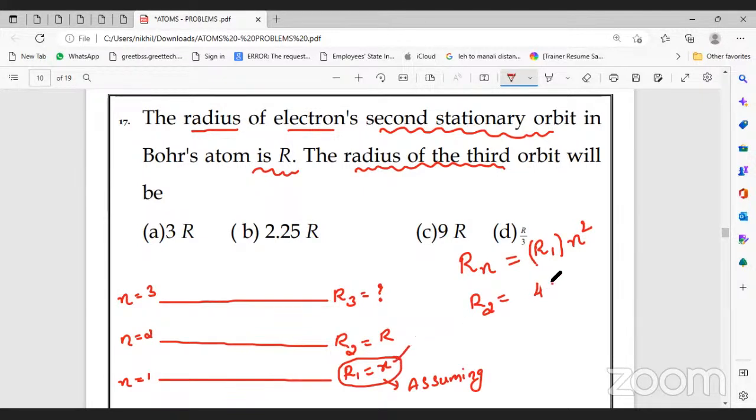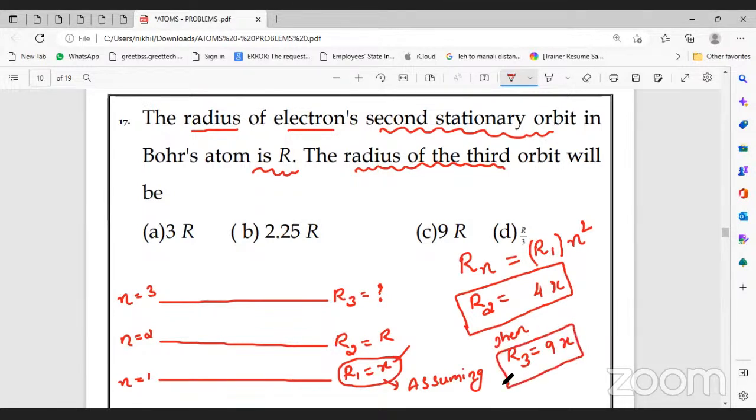What is R1 we have assumed? x. So the radius in the second orbit is 4x. Then the radius in the third orbit, n equals to 3, will be 3 squared times R1. So it is 9x. R3 is equal to 9x.